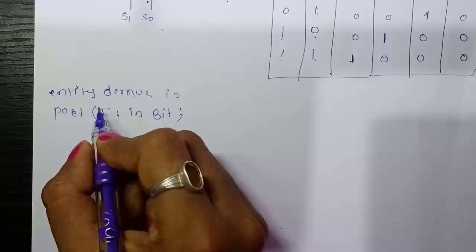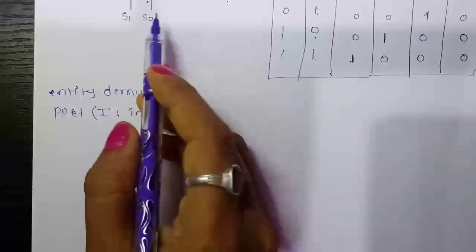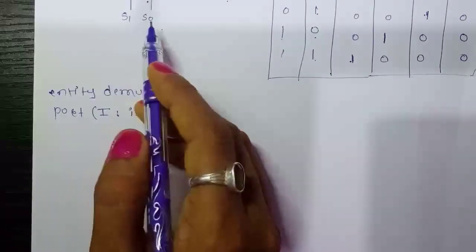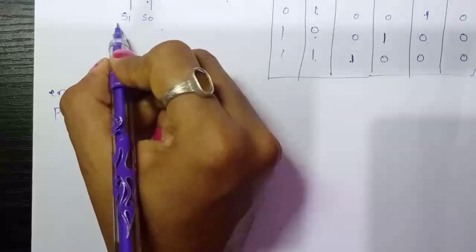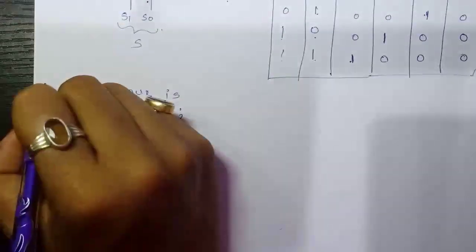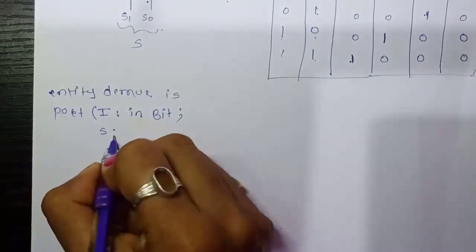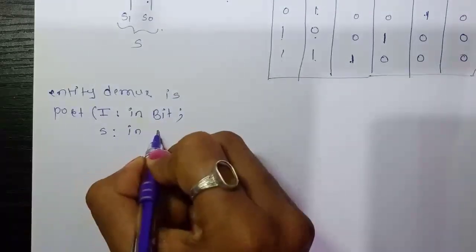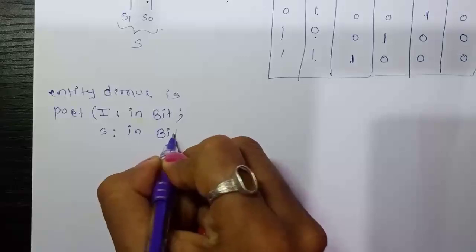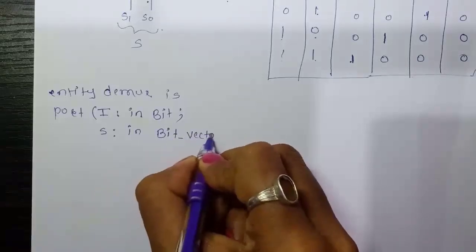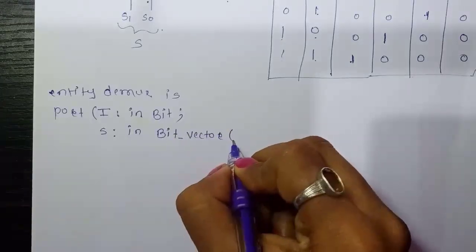Then we have 2 selection lines, that is S0 and S1. As we have seen in the previous lecture, we can name it as a single variable, S. So here I am writing the single variable S. It is again an input type of port. The data type is bit vector, because it is 2 bits of data.